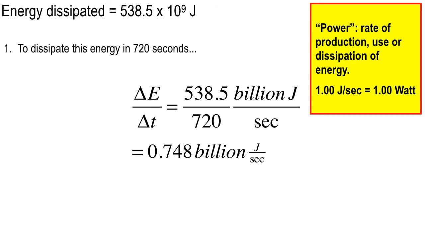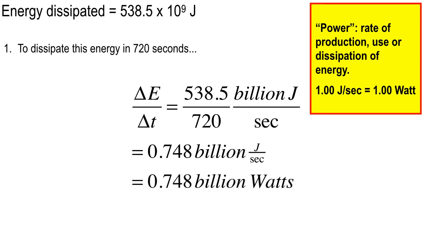And hair dryers, you're talking maybe 1,000, 1,500 watts, 2,000 watts for a fancy hair dryer. Microwave, same. Maybe 1,000 watts, 1,500 watts for a microwave, depending on how big it is. Right? So this is 0.748 billion watts.